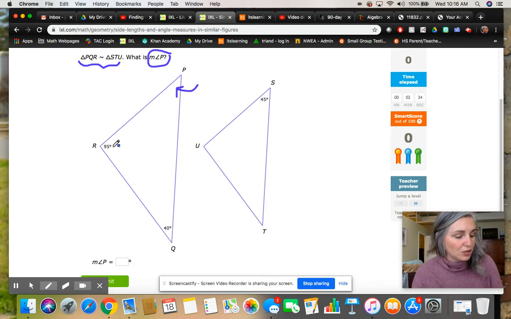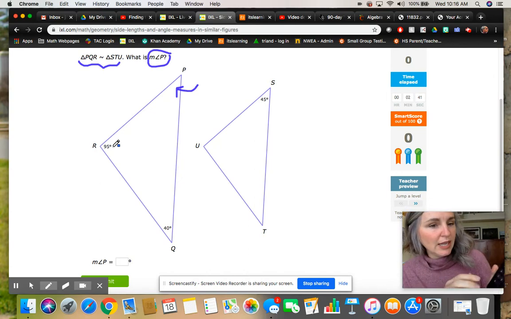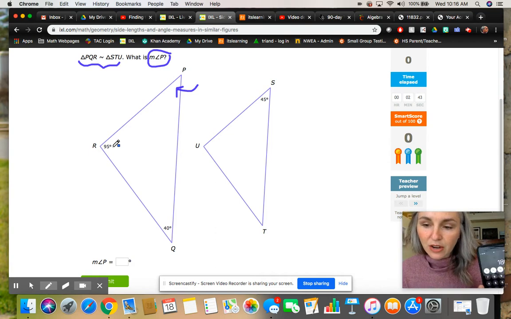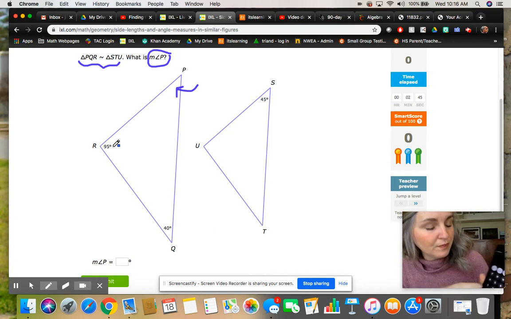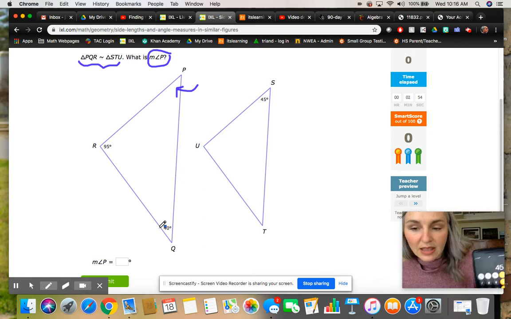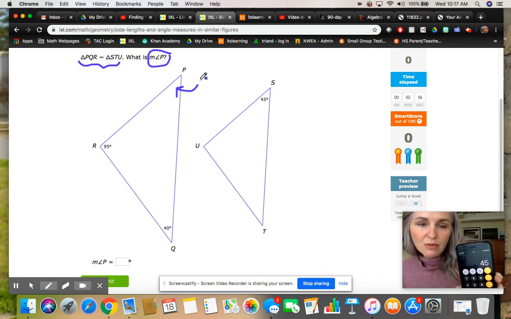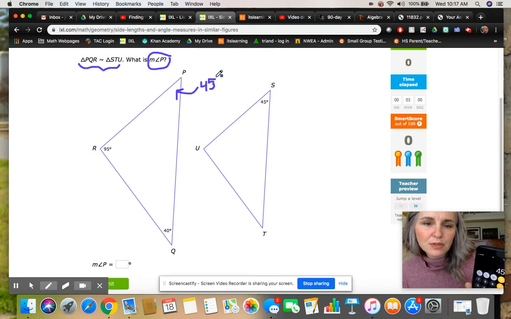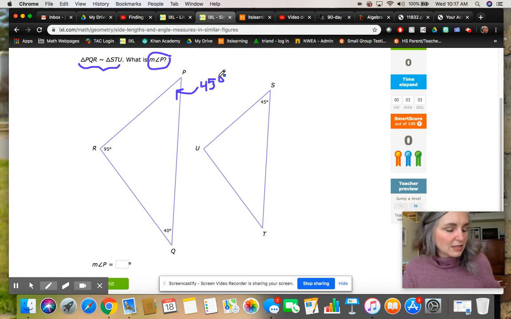So I could take my calculator and say, I know there's 180 total degrees in this triangle, so let me subtract 95 and then subtract 40, and that's going to give me 45. So without knowing anything about similar figures, I can determine that this missing angle, angle P, is 45 degrees.